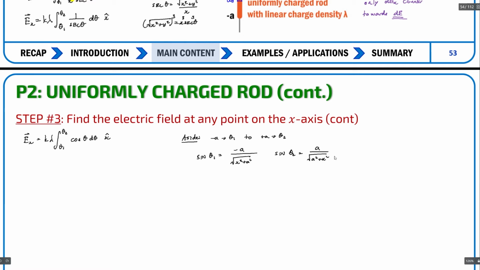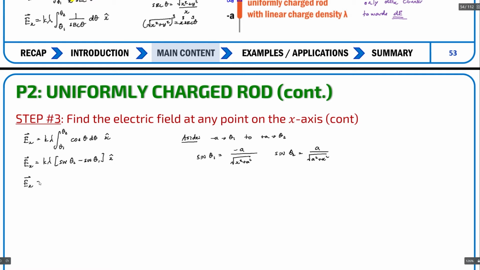Okay, so what do we do next? We just keep solving. K times lambda. I know that the integral of cosine is sine, and so I have sine of theta 2 minus sine of theta 1, x hat.